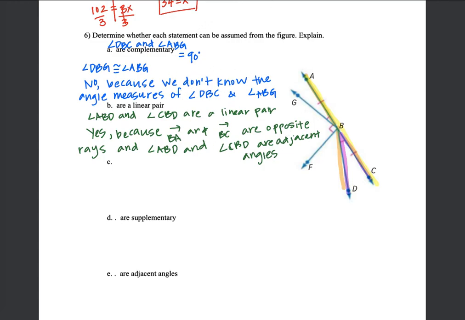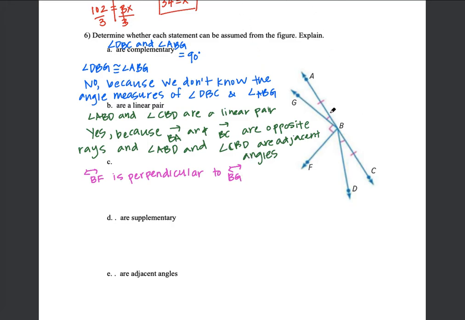Okay, now we erase this. You can use a different color, you can use pink. So now we're looking to see if line BF is perpendicular to line BG.